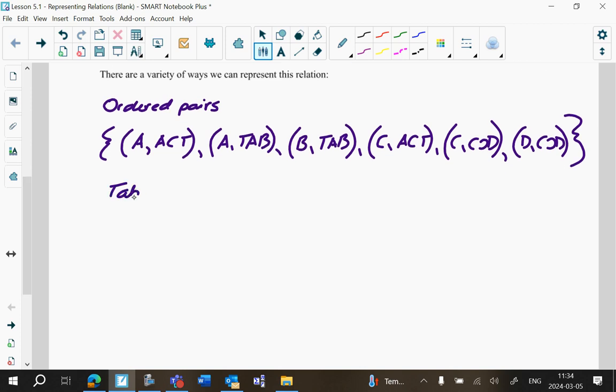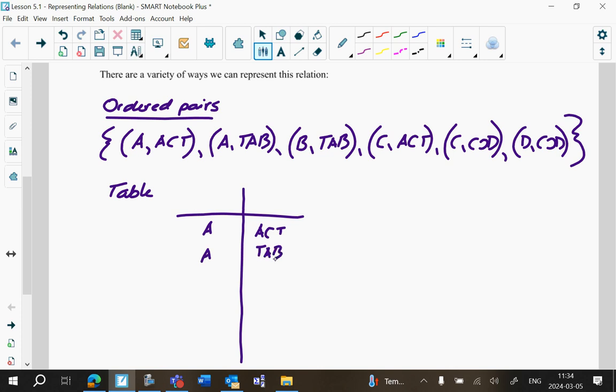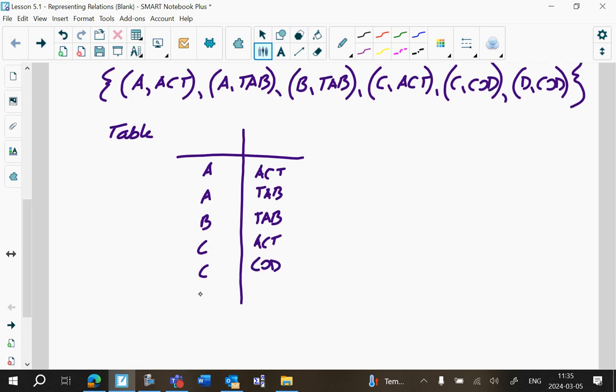Another way to show it, a table. In a table, you list all the pairs in parentheses, except you list them down. So A, act; A, tab; B, tab; C, act; C, cod; and D, cod.